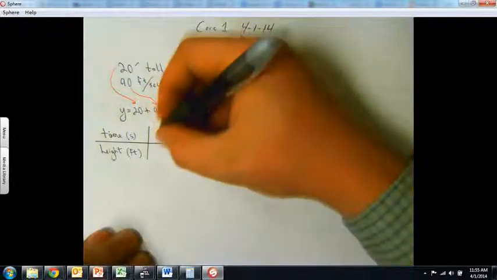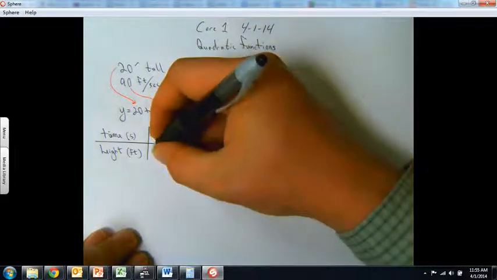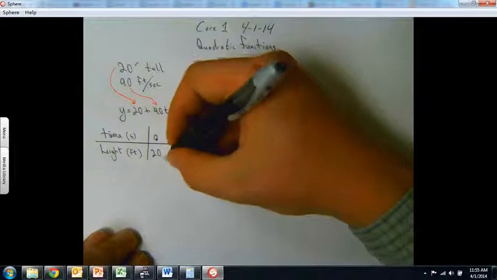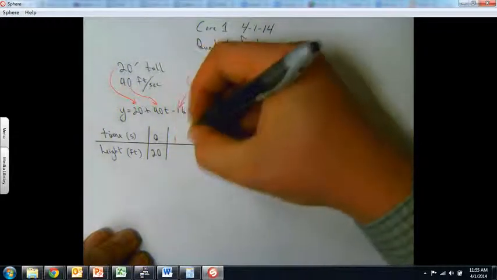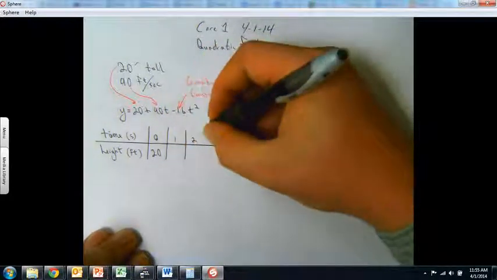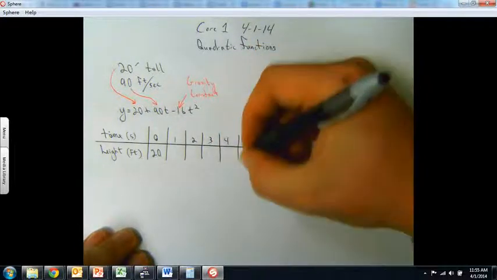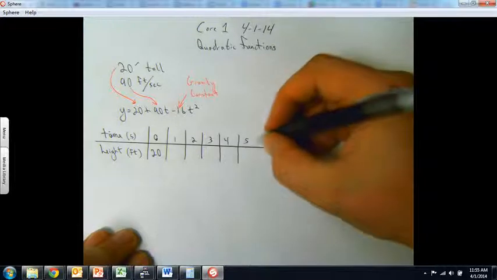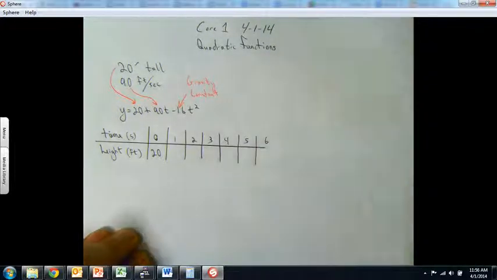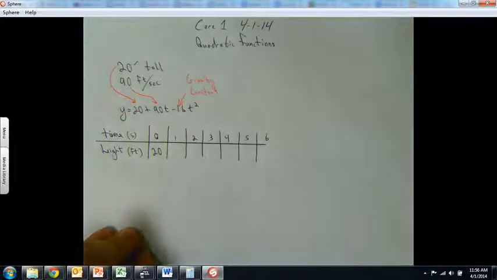At 0 seconds, our pumpkin is still in the cannon. Therefore, it's at 0, 20. Then we went 1, 2, 3, 4, 5, and 6. Now, let's look at how to do this by hand first before we look at the calculator.